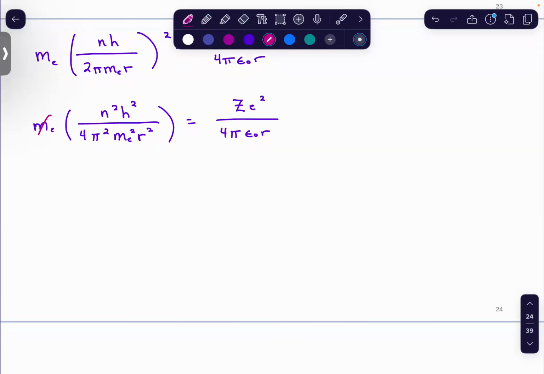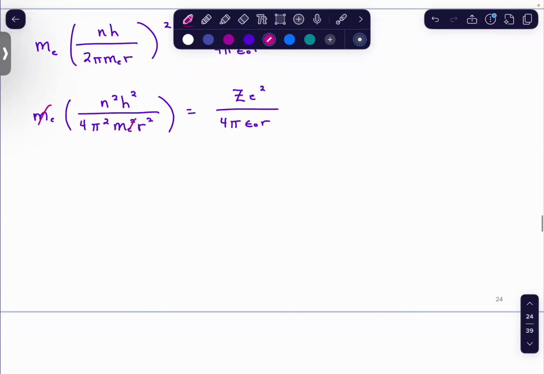You see that this mass and this mass are going to cancel out, at least one of those. So now you're going to have n squared h squared over 4 pi squared, mass of your electron, r squared. That is going to be Z e squared over 4 pi epsilon 0 r.